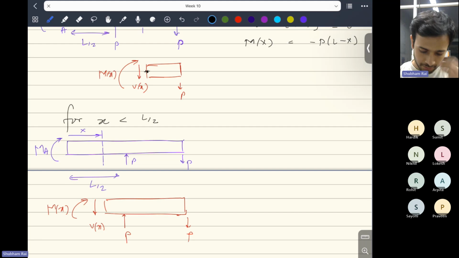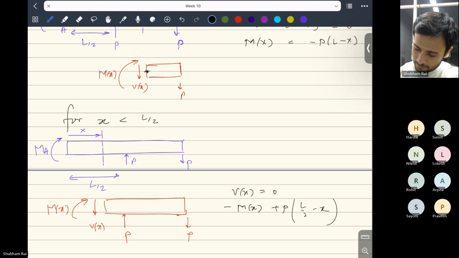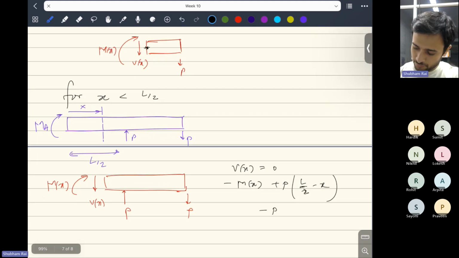If you do the force and moment balance, finally v of x is going to be 0, because p and minus p will get cancelled. If you do moment balance, it will be minus of mx plus p into L by 2 minus x, right? And minus of p into L minus x equal to 0.